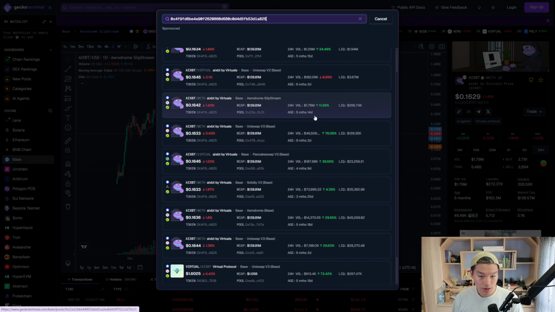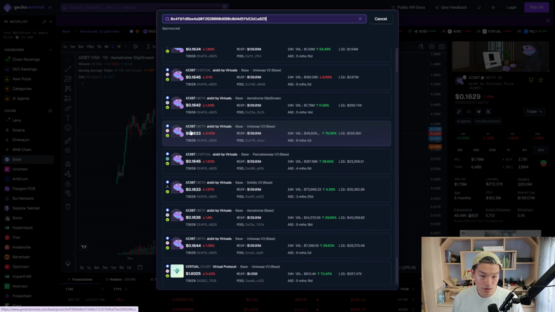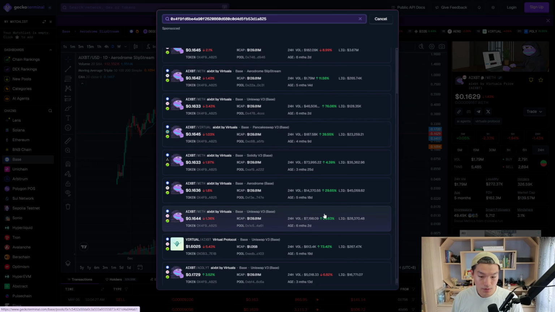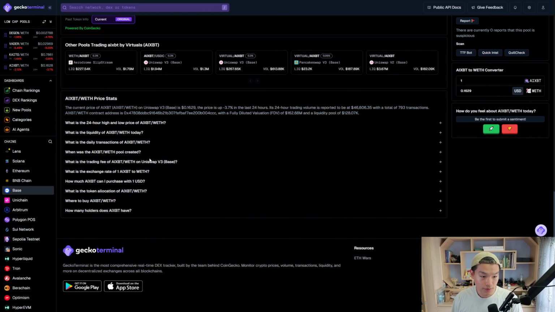So if I'm strictly looking at the Uniswap V3 pool and I want to accumulate Ethereum, then it makes sense to look at these Ethereum pools on Uniswap, for example, this one, compared to this lower liquidity, lower volume pair also on Uniswap. So once I'm in here again, I could scroll down and see what the fee tier is.